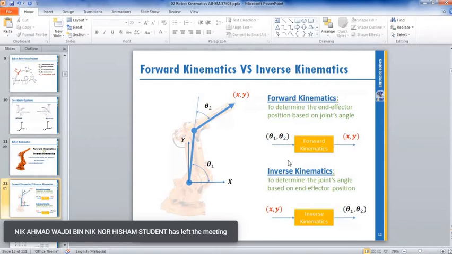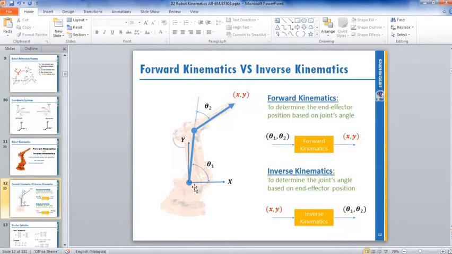But for inverse, we are going to find the angle of each joint, or the position of each joint, because your joint rotates. If your joint is prismatic, we can define the distance of your joint, the linear motion.